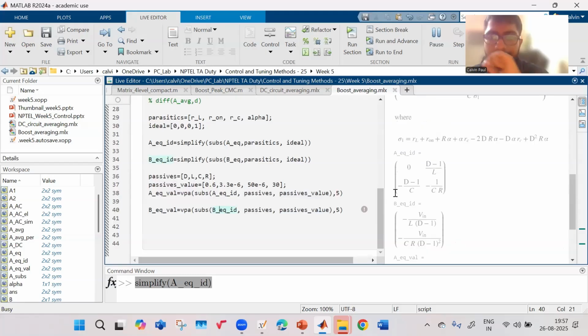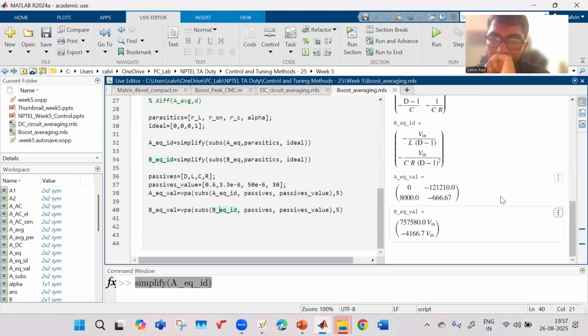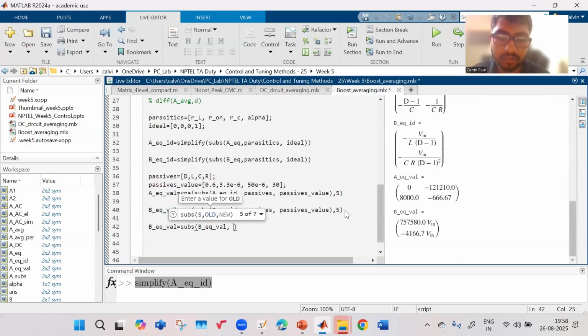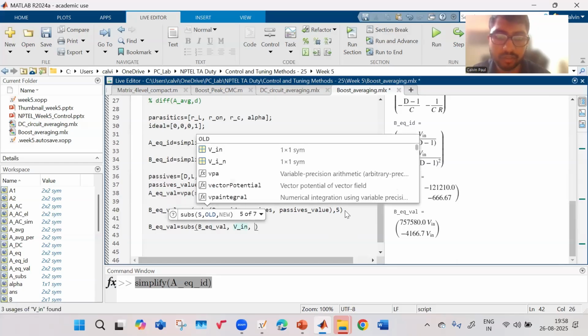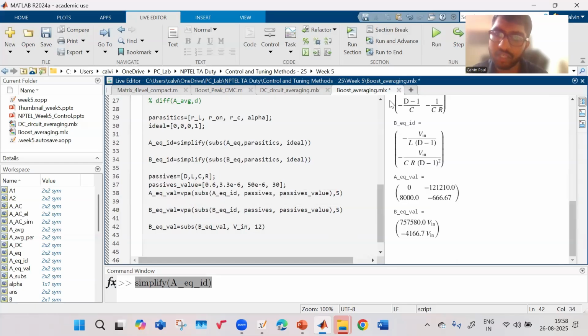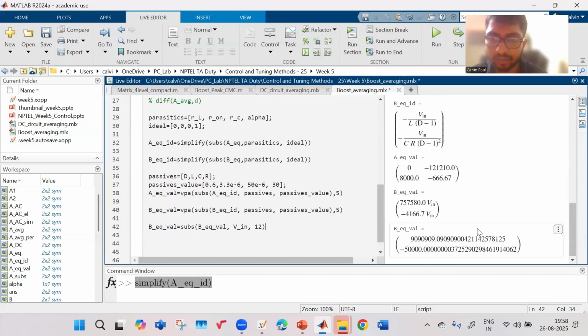Run it again. Ah, okay, we have to substitute V in also. V equal to substitute, V_in, comma, 12. 12, right? Yes, sir, 12 volt. So this is the value you get.